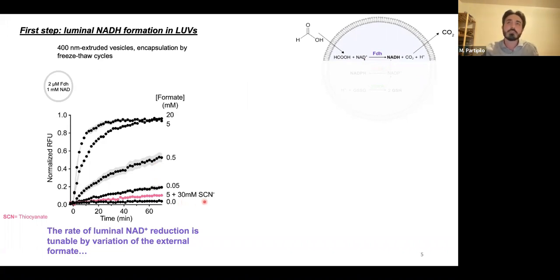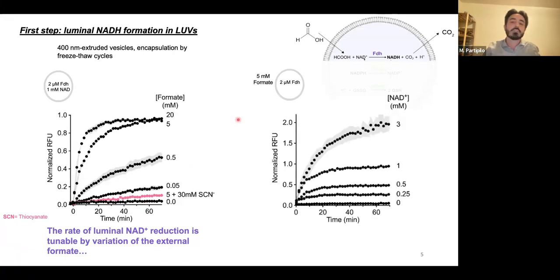This molecule is small and permeable to phospholipids, so it is able not only to permeate inside the vesicles, but then to bind and inhibit the formate dehydrogenase. So you can see the difference between the reaction in the absence of inhibitor using 5 millimolar formate, and the reaction in the presence of inhibitor, which slows down the reduction of the cofactor significantly.